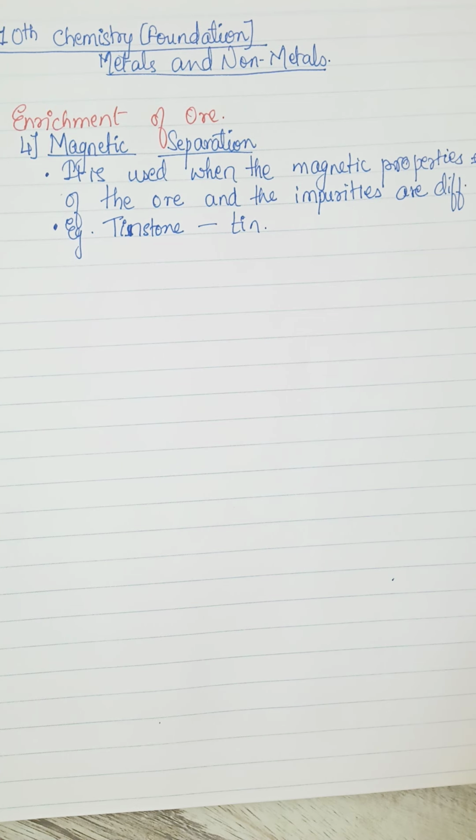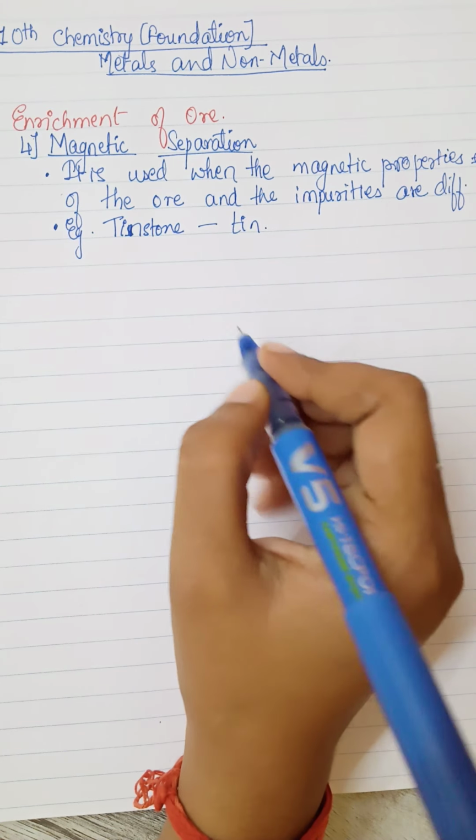Clear? So sometimes the ore may be magnetic and the gangue non-magnetic, and sometimes the ore may be non-magnetic and the gangue magnetic. So we'll write the points over here and then we'll draw the diagram.